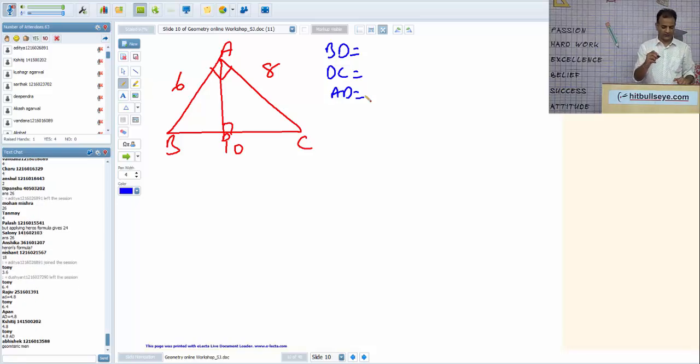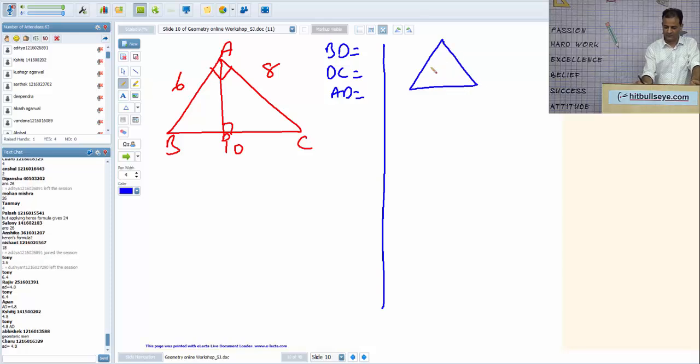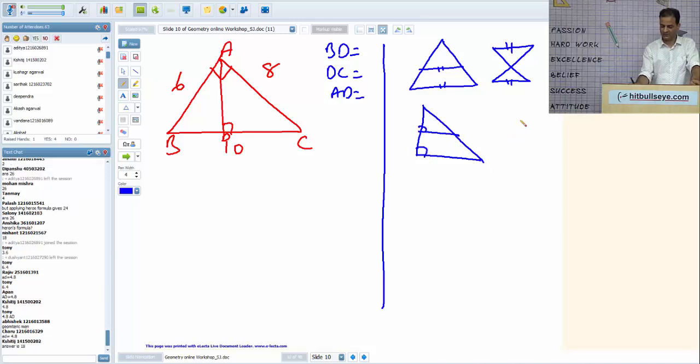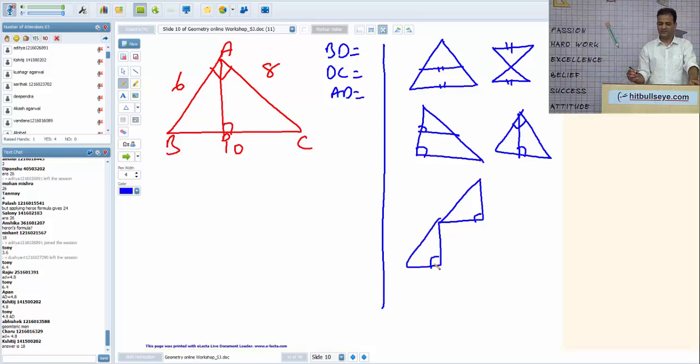Friends, whenever you see a triangle where this line is parallel to this, or a triangle like this with a right angle, or a triangle like this one in this question, or a triangle with a 90 degree angle, then all these triangles will be similar.